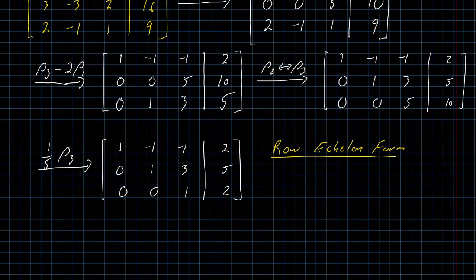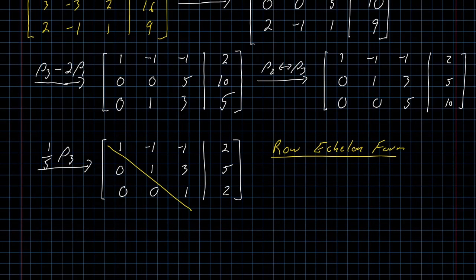This matrix is now in what's known as row echelon form. There are a couple of specific properties that you're looking at in row echelon form, but the way I like to think about it is very visual.